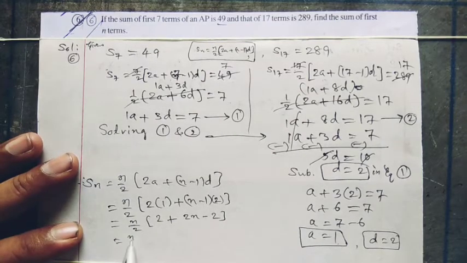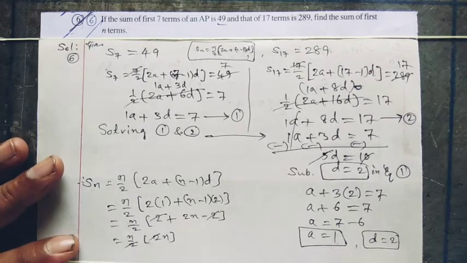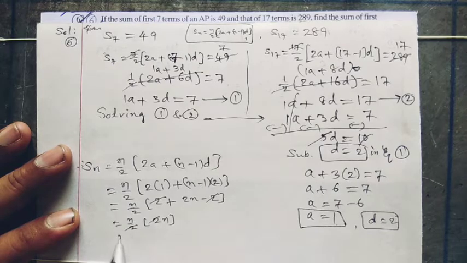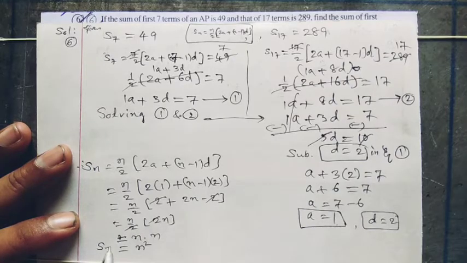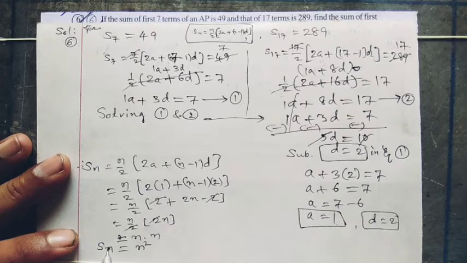The 2 and minus 2 cancel, so that is equal to n by 2 into 2n. The 2s cancel, that is equal to n into n, which is n square. So Sn is equal to n square, the sum of first n natural numbers. So this is the answer.